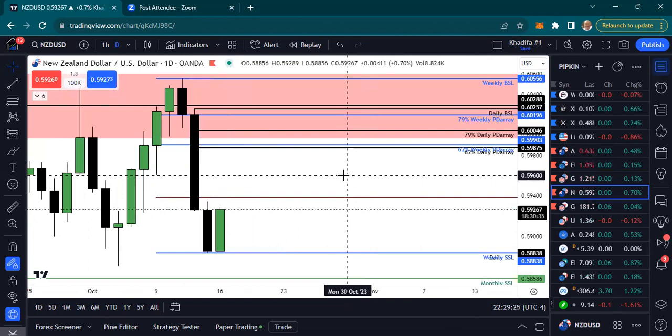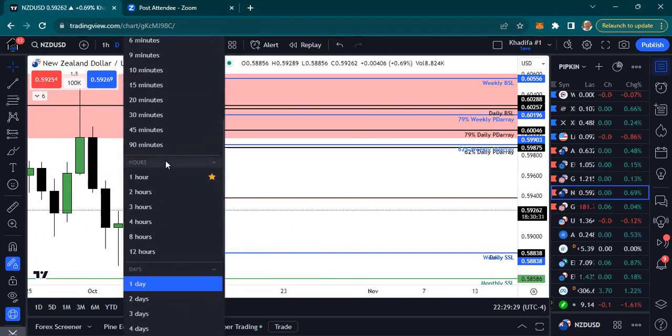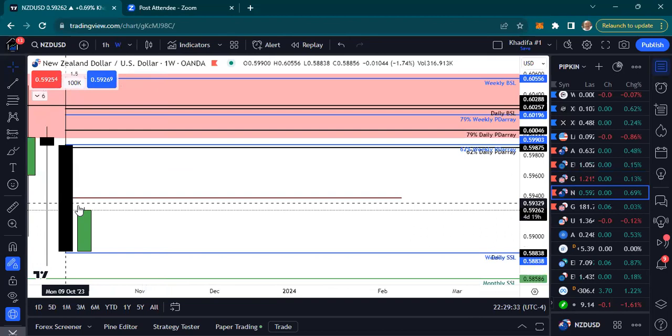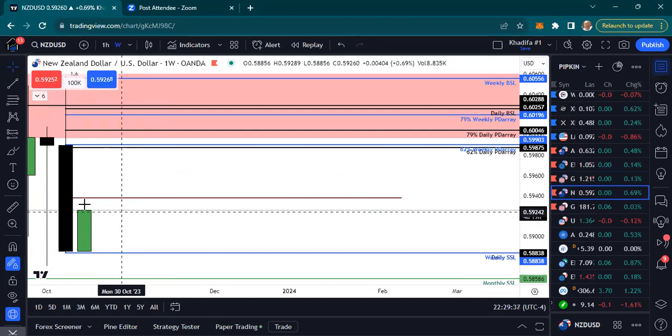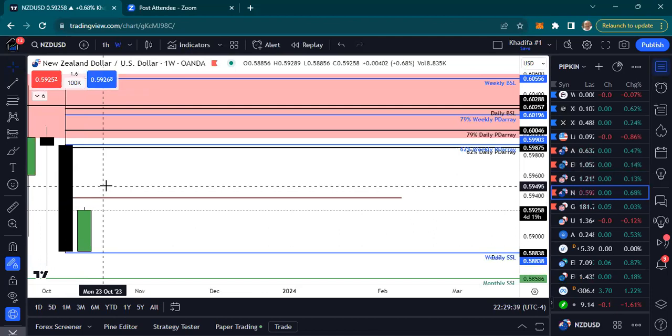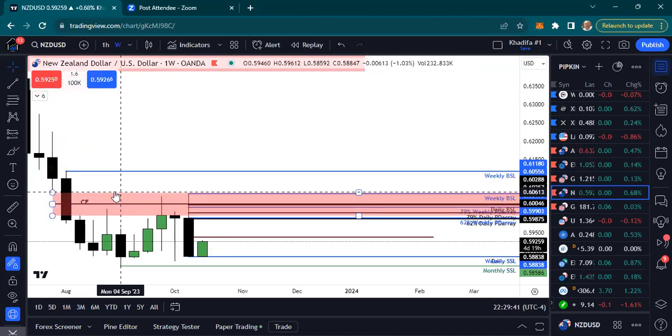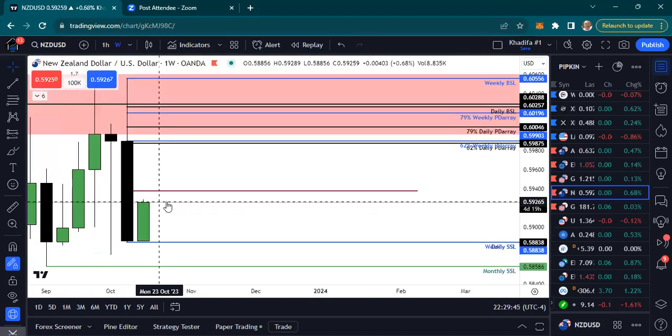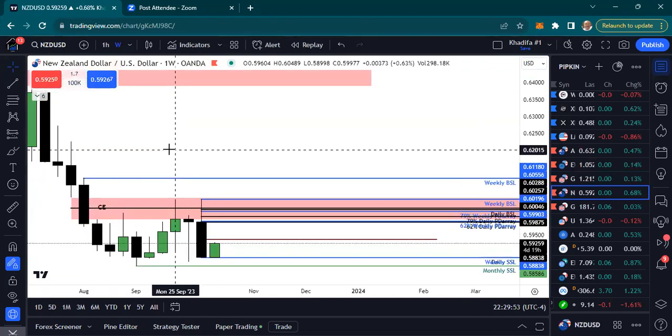Now, looking at NZD USD, let's look at the weekly chart. You see, I have consequent encroachment marked on NZD USD as well. I would not like to see us break above consequent encroachment for NZD USD, right? Even though the daily PD array levels are above consequent encroachment, just like with the pound.